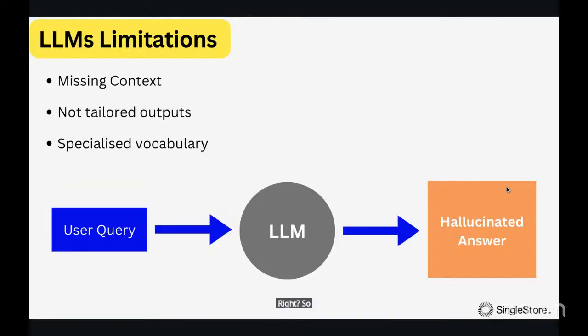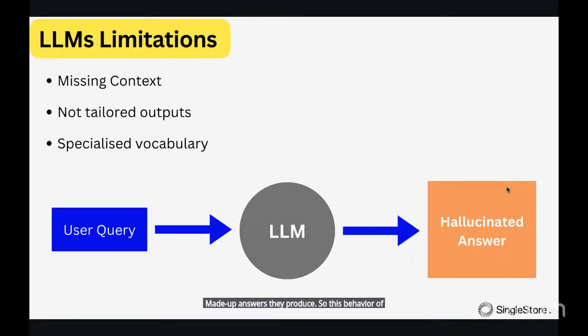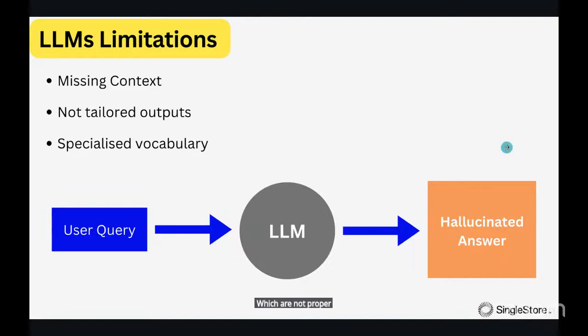Sometimes these LLMs produce responses that you don't expect, made up answers. This behavior of LLMs is known as hallucinating behavior, and they produce hallucinating answers which are not proper to use in your AI applications.